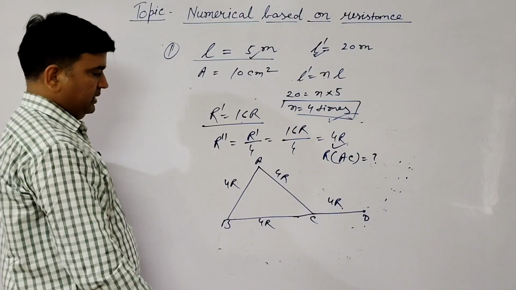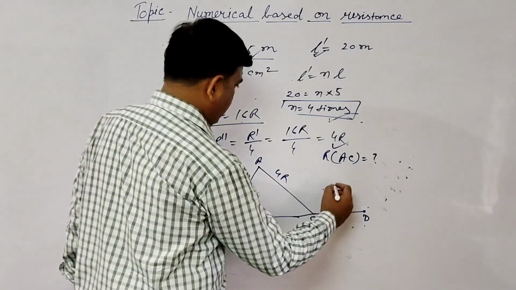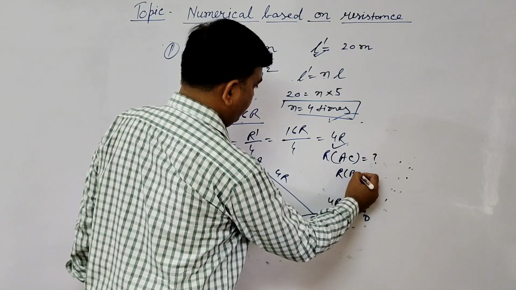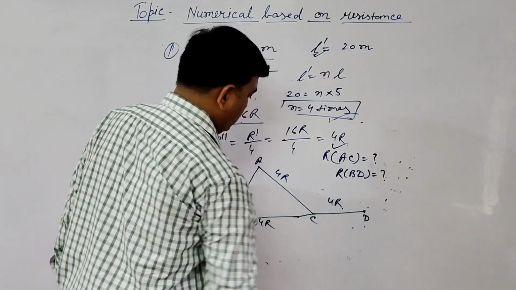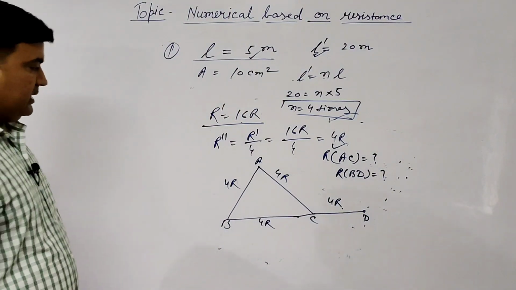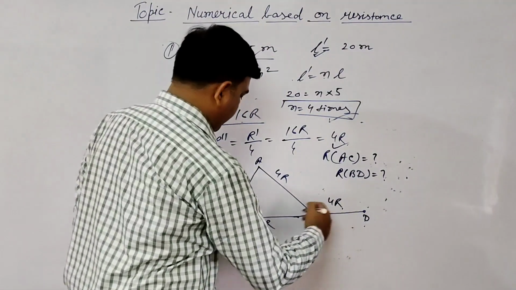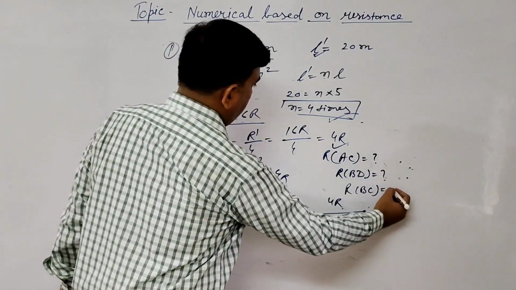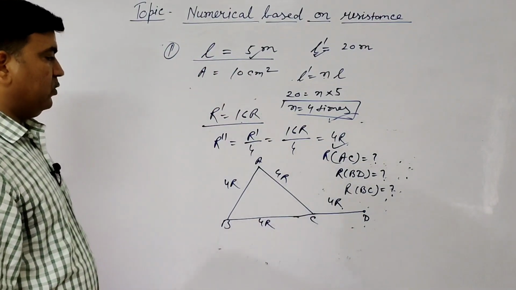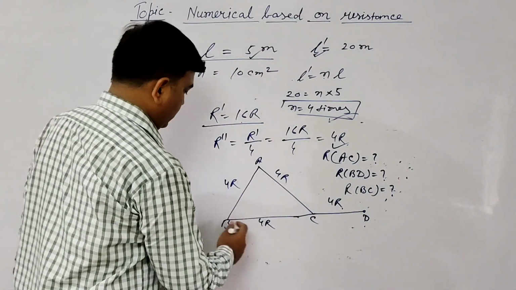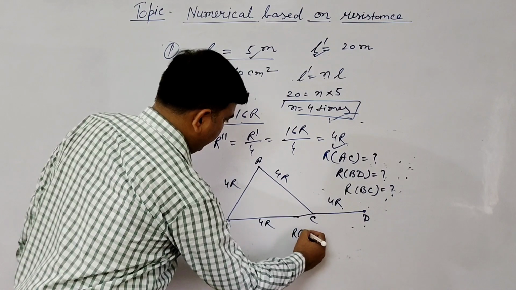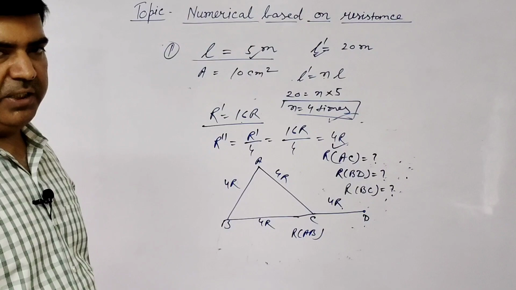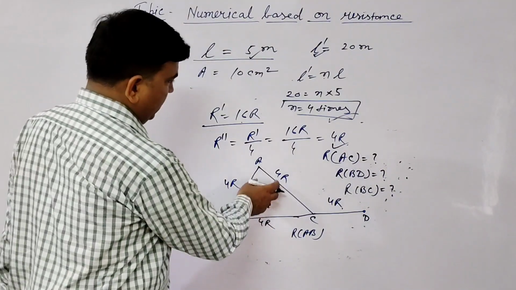Find out the resistance across the point BD. Find out the equivalent resistance across the point BC. And find out the equivalent resistance across the point AB. So there are different conditions.